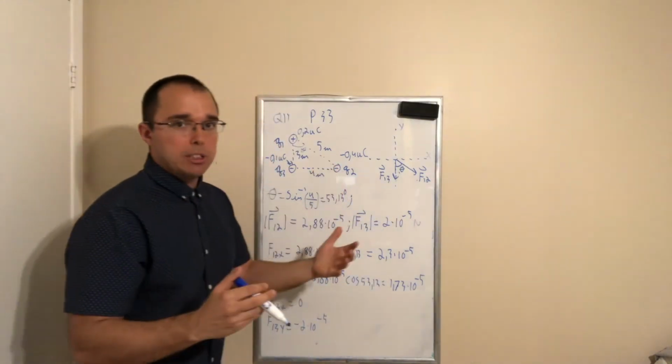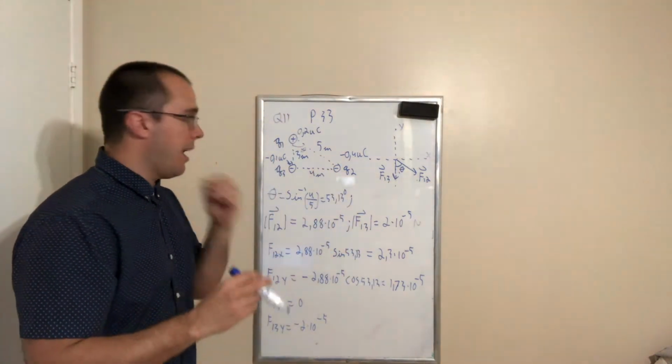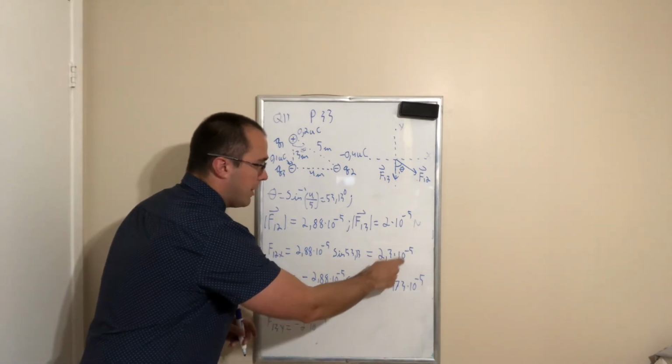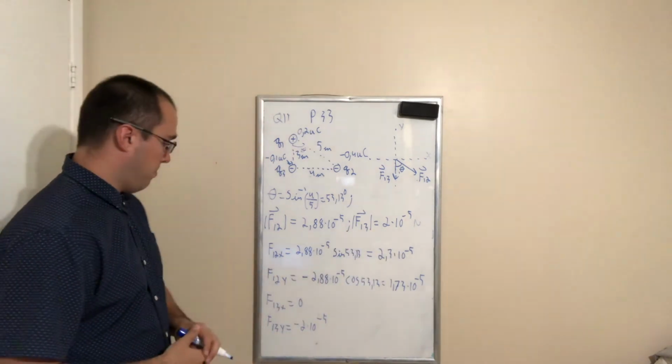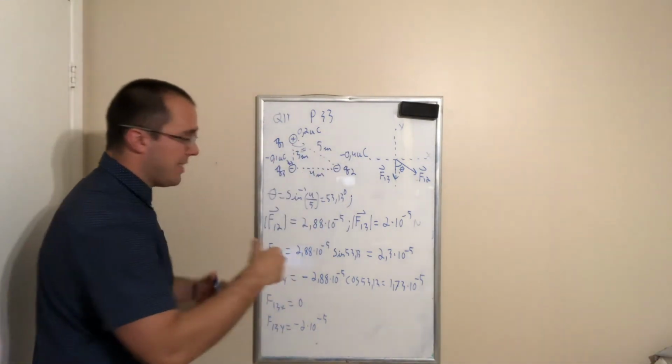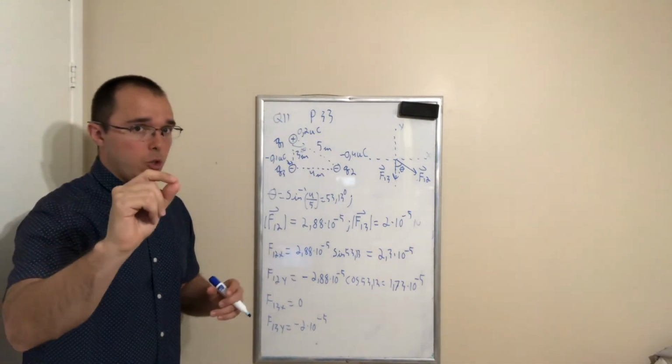If it's opposite to the angle, we need to use sine. So we get 2.3 multiplied by 10 to the power minus 5 Newton. We repeat a similar process to find the y component, but now instead of using the sine, we're going to use the cosine.